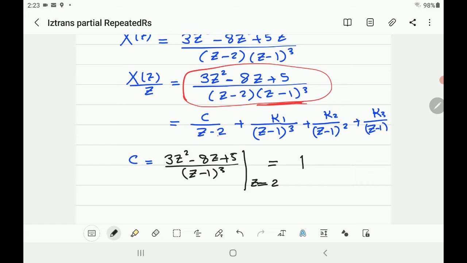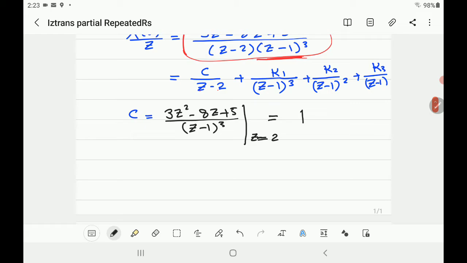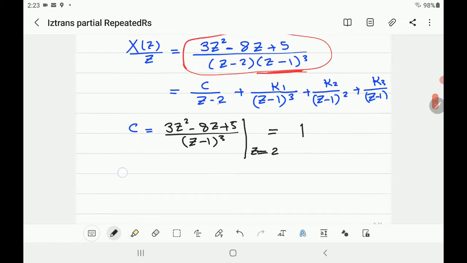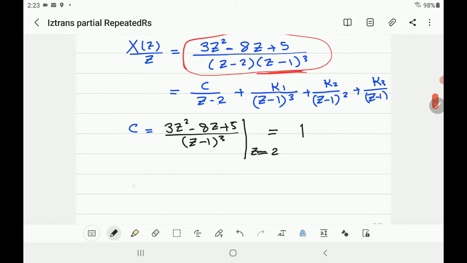Okay, now let's go and calculate k1. How do you calculate k1? The denominator is z minus 1 cubed, so you should not include it in this expression. So when you have x of z over z, just hide this one and just leave z minus 2 at the bottom. So k1 will be equal to the top part, no change.